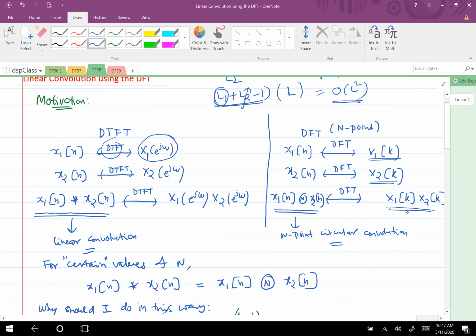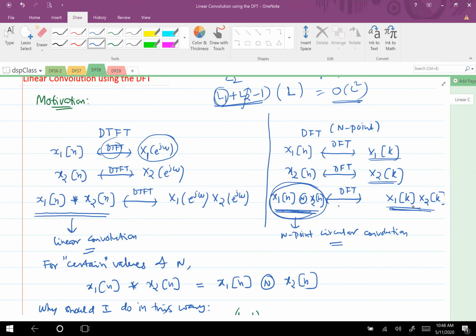Once you multiply, you take the inverse DFT, and that would in fact be equivalent to circular convolution. You would not directly do circular convolution, but this is doing the equivalent of circular convolution in the frequency domain. That's what we mean by performing linear convolution using circular convolution. It doesn't mean we would be doing circular convolution directly, but rather doing it in the frequency domain. That's what it implicitly means.